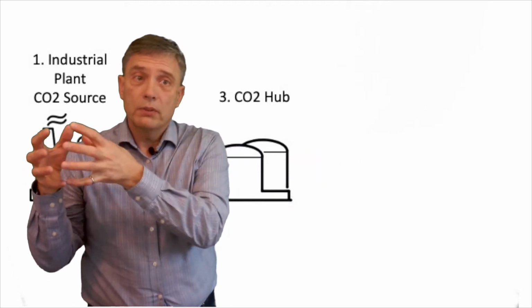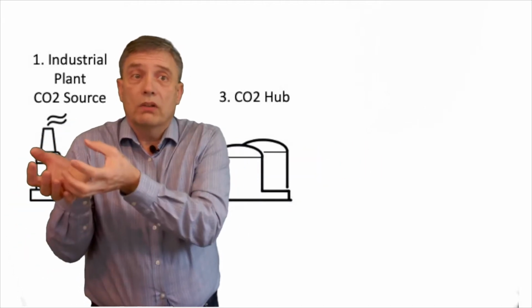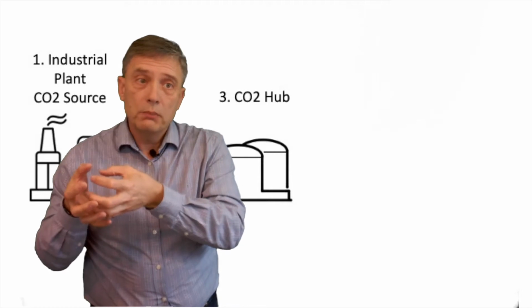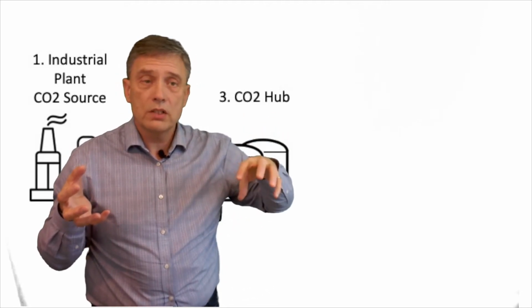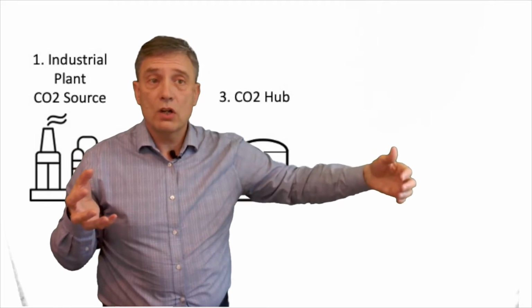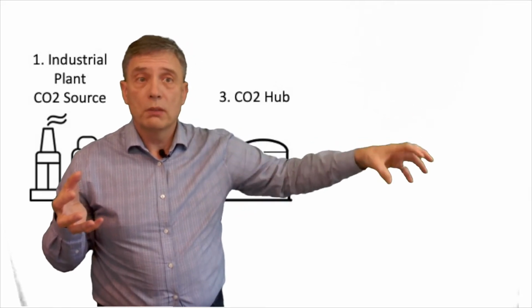What typically happens is it gets pulled out of the ground and then it gets put in a pipeline, it goes into temporary storage at various hubs in the process, and then it continues on to where it's being processed.